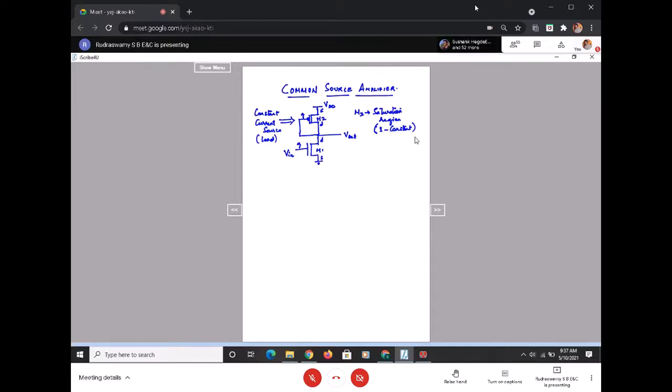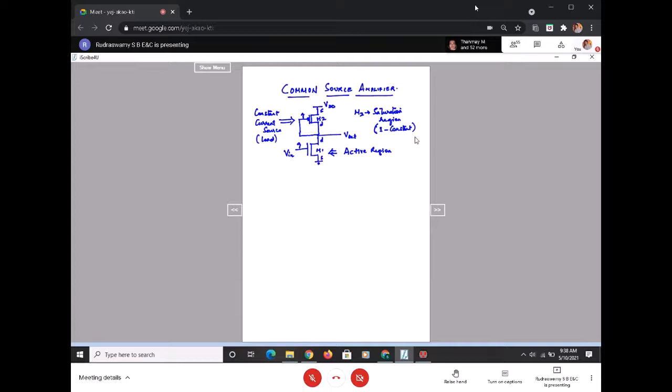And for amplification to happen using a transistor, we should ensure that this particular M1 is in the active region. M1 in the active region, M2 in saturation with constant current.